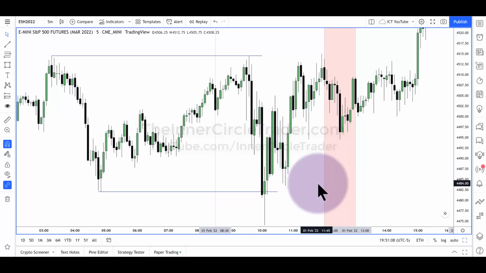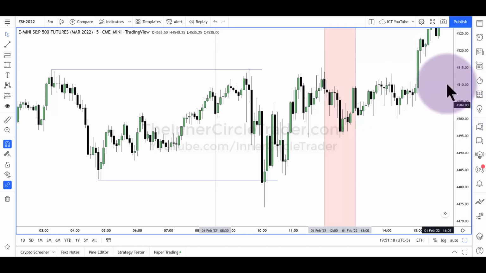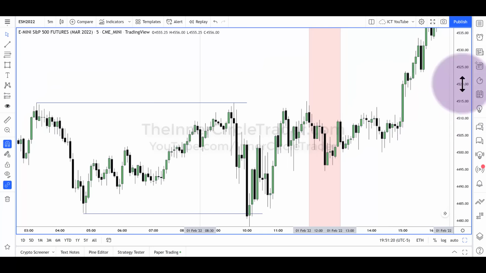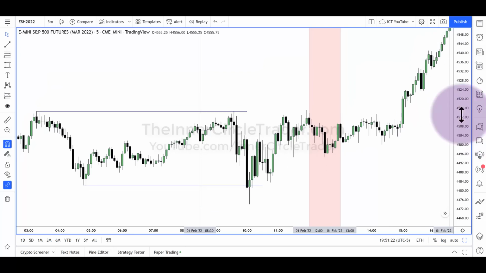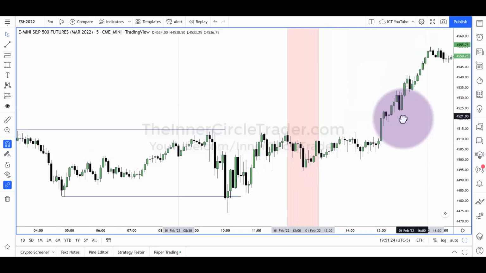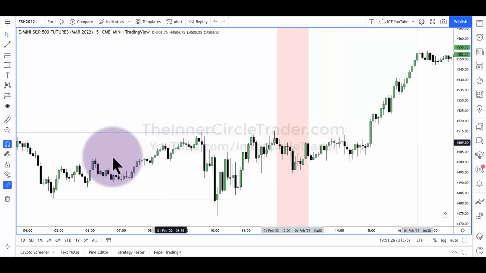You just need to know on the other side of lunch at 1 o'clock, start watching and see, is there an indication that this thing wants to go higher? And as you can see, all the buy side liquidity here ran aggressively here, but then the market trades right into the close, aggressively bullish.